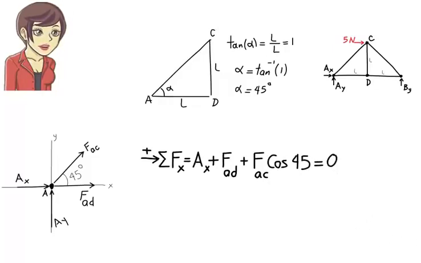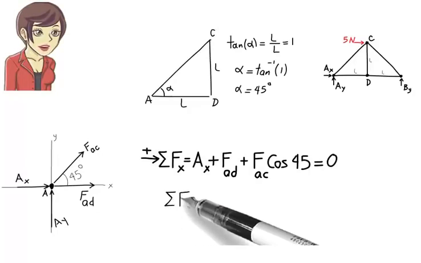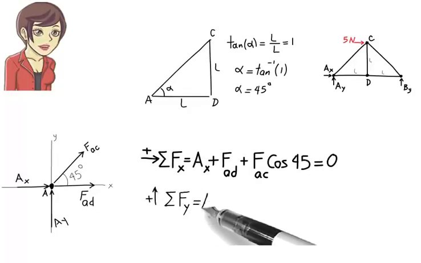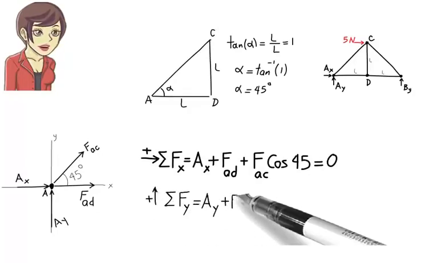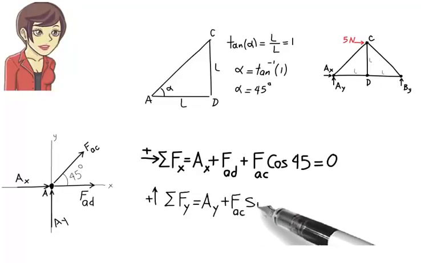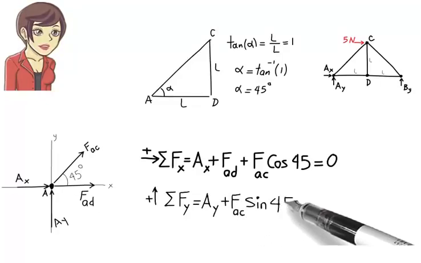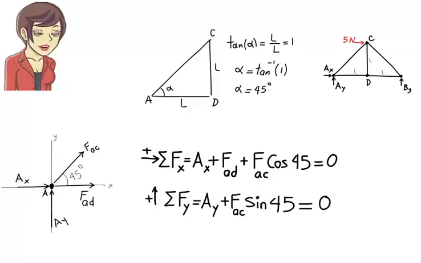And sum of the forces in the y direction equals AY plus FAC sine 45 equals 0. Note that we have 4 unknown forces, but only 2 equations here. It is not possible to find these unknowns yet. Let's number these equations 1 and 2. We need to repeat this formulation for the other joints as well.